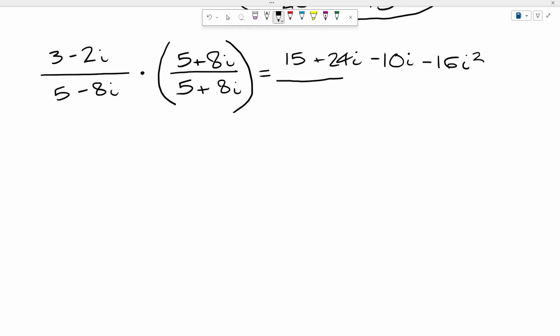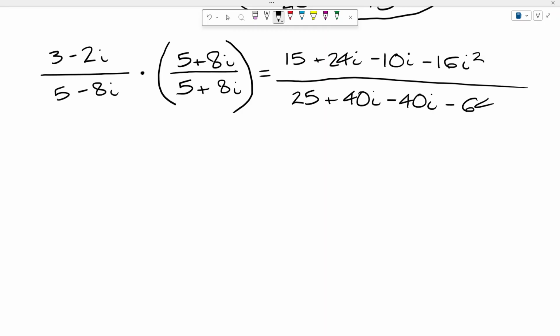When we FOIL the bottom, we end up with 5 times 5 is 25. Then the outer terms, 5 times 8i is 40i. Then inner, negative 40i. And the last term is negative 8 times positive 8, so negative 64i squared.